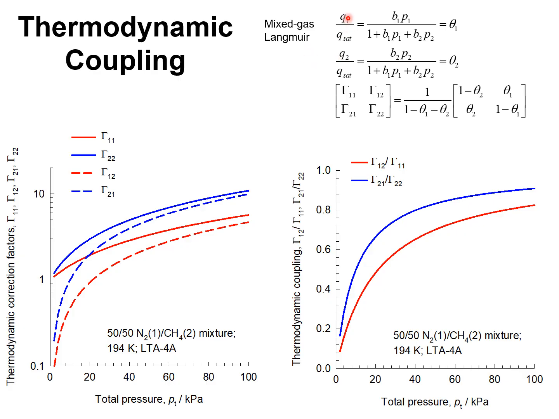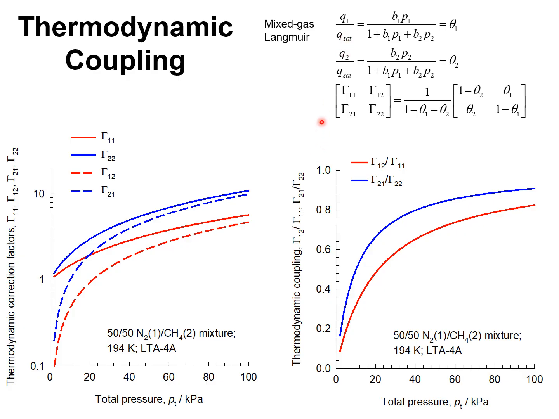The component loadings for 1 and 2, nitrogen and methane, are described in the mixed gas Langmuir by this expression, where we define theta 1 as the fractional occupancy of nitrogen, and the fractional occupancy of methane is theta 2, where the fractional occupancies are the component loadings divided by the saturation capacity, which is 3.6 for both guest molecules.